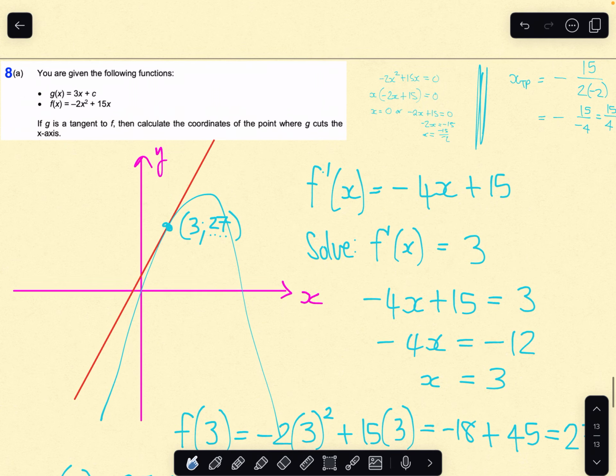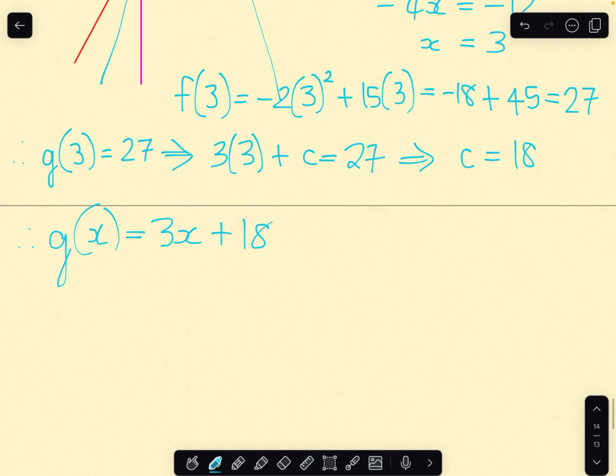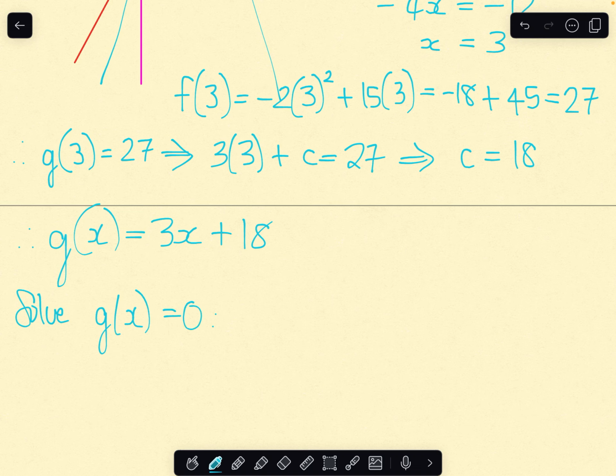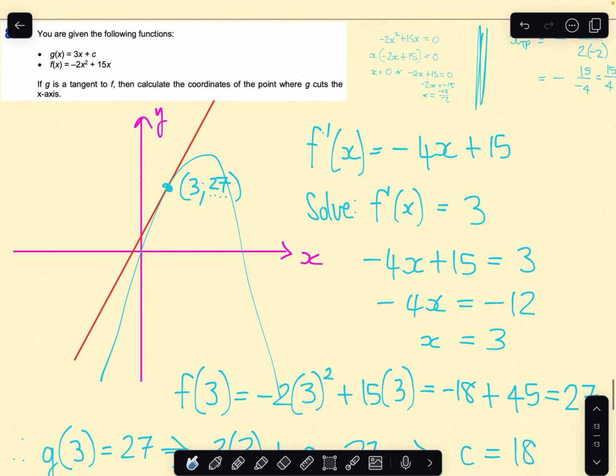Okay, so now we can figure out the x-intercept. We do that by solving when is g of x equal to 0. So 3x plus 18 is equal to 0 when 3x is equal to negative 18, which means x is equal to negative 6.